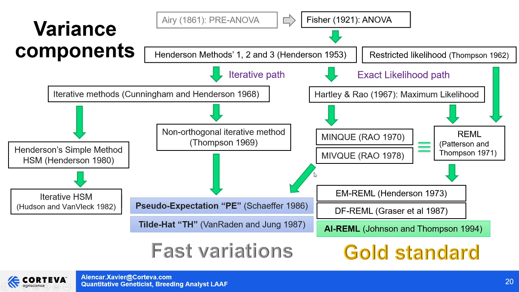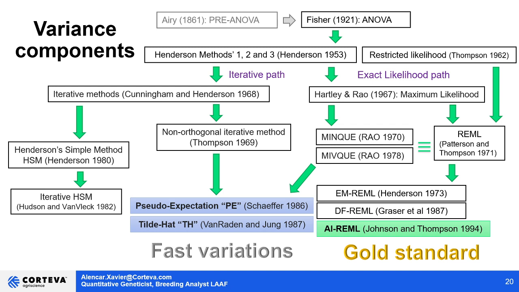However, there was this one branch that I left for last that I call the fast variations. So we know that REML became the gold standard, but there were also fast variations that were not necessarily REML, but they were unbiased, they were inexpensive to compute, and they have similar properties as REML, though they don't share all the exact same properties.